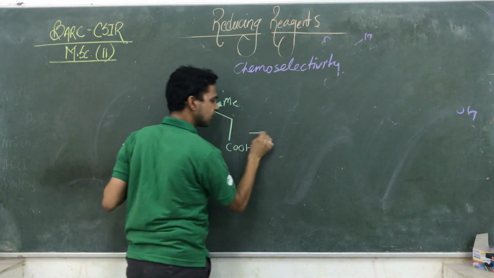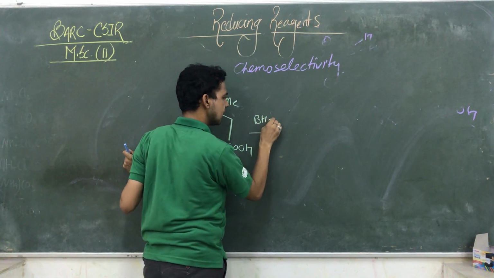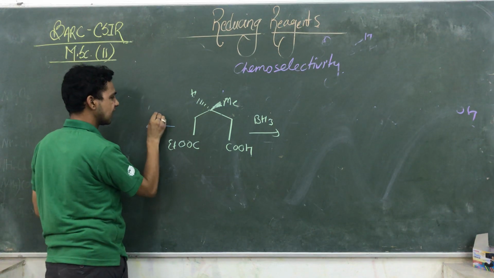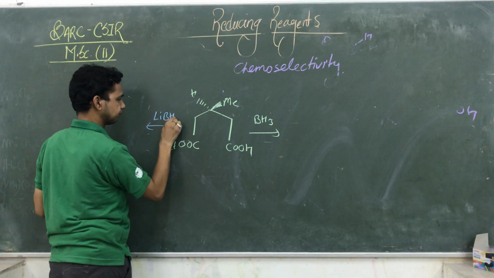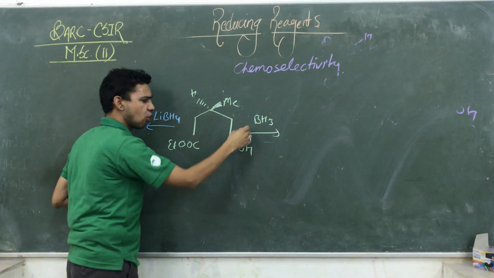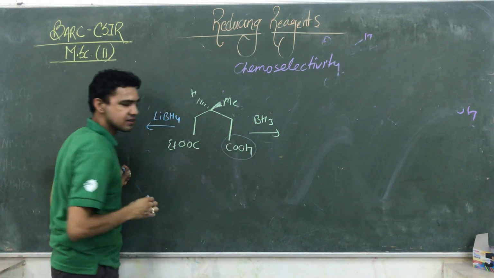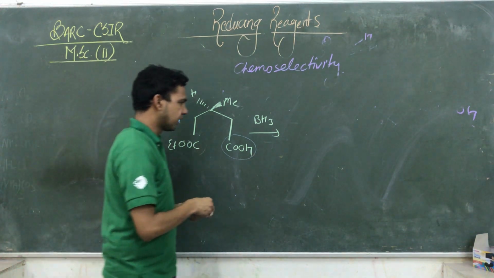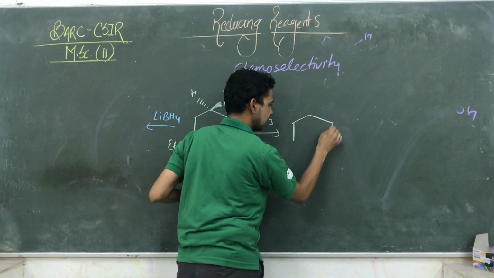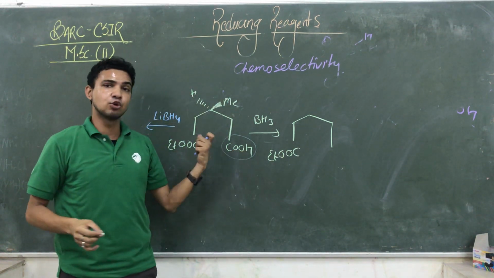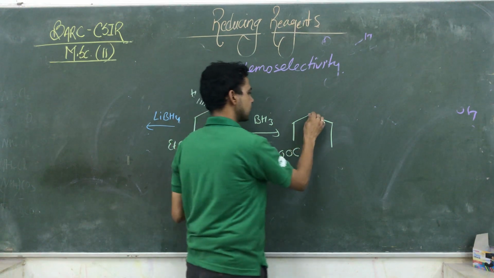Here we go for the reduction with BH3, and on the other side with another reducing agent like LiBH4. Which type of reaction takes place? BH3 is only able to affect the acidic group, not this ester group. So here the ester remains the same, and this acidic group is converted into an alcohol group.